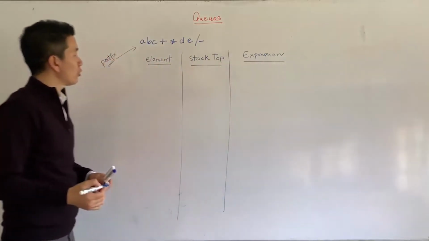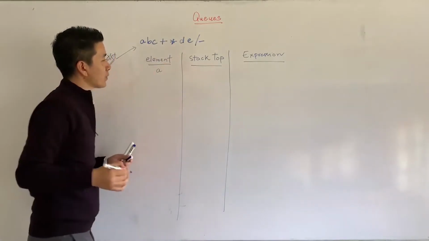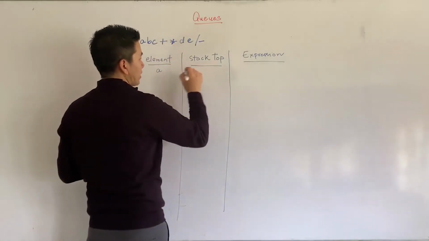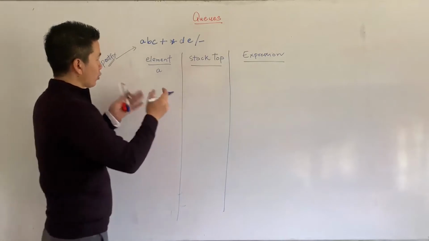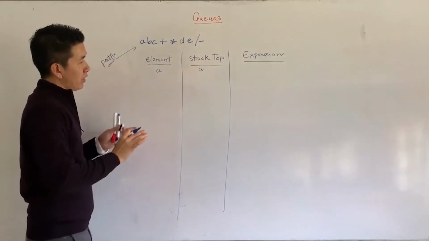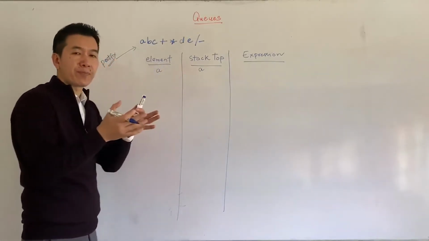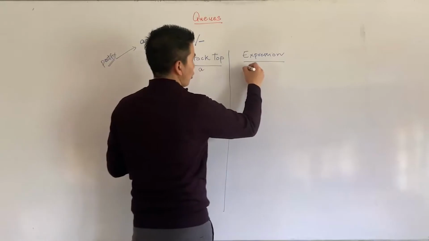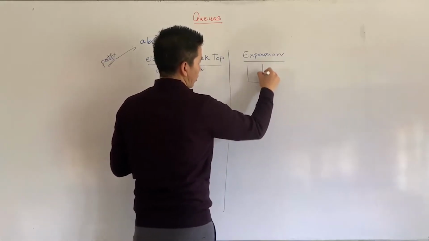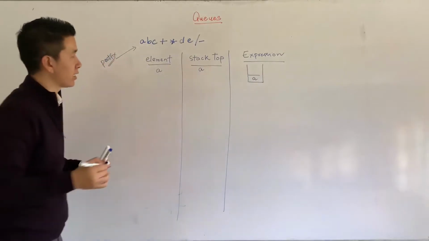Okay, so we'll start with the first element, and that will be A, and the top of the stack obviously will be A. It's pretty simple. And this particular element, being an operand, needs to be pushed onto the stack. Alright, so the A will be pushed onto the stack.